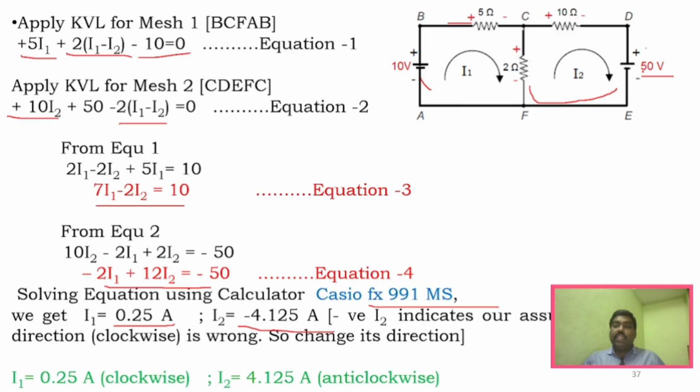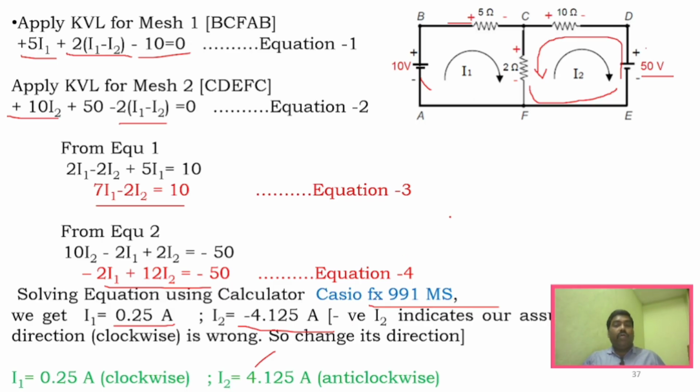If you see this mesh, the voltage actually flows from this direction, but for simplicity we are taking the other direction. So when you get minus, you neglect that minus and mention I2 as 4.125 in any problem, because we are going to follow the same procedure.